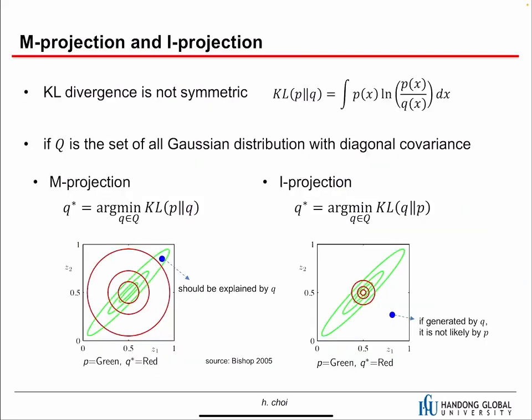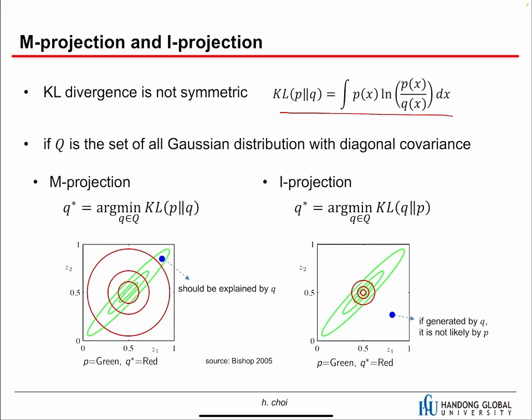Okay, then there is another interesting point of KL divergence. You have to understand the difference between M projection and I projection to use KL divergence in the right way. And as I said, KL divergence is not symmetric, as you can see in these equations.